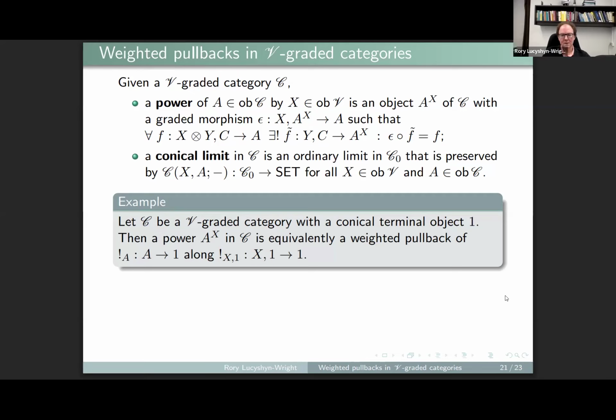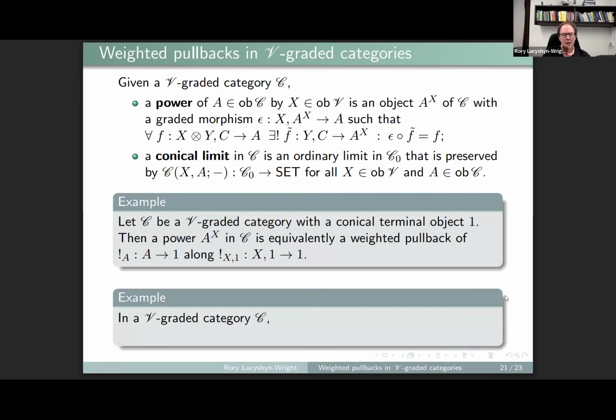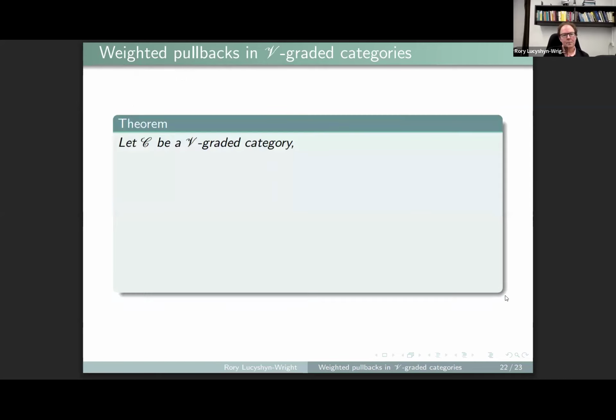So powers can be described as a special case of weighted pullbacks in the presence of a conical terminal object. And then also in a V-graded category C, I-weighted pullbacks for the unit object I of V are equivalently conical pullbacks. So we recover the ordinary conical pullbacks, or V-graded conical pullbacks.